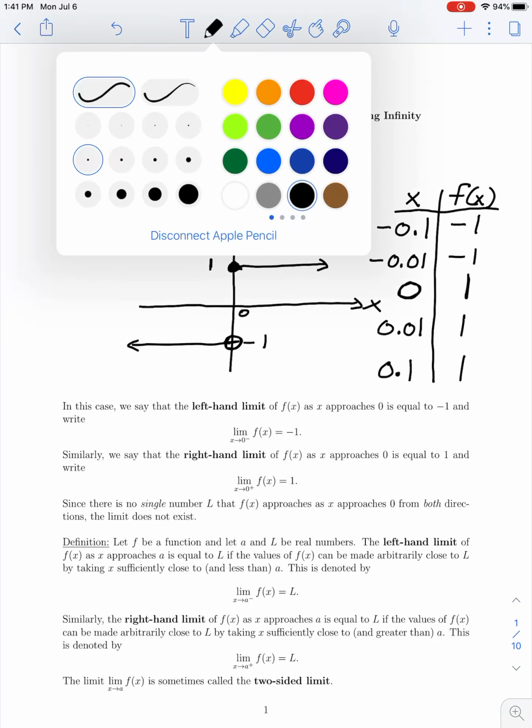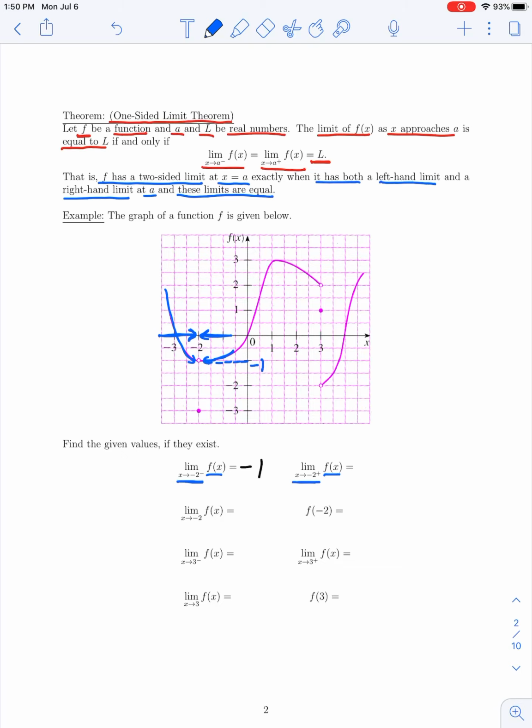Now in the next part, we're asked for the limit of f of x as x approaches -2 from the right-hand side. So here, we're closing in on -2 from the right, and we can see from the graph of our function, if we follow along with the corresponding y values, they're also approaching this value of -1.